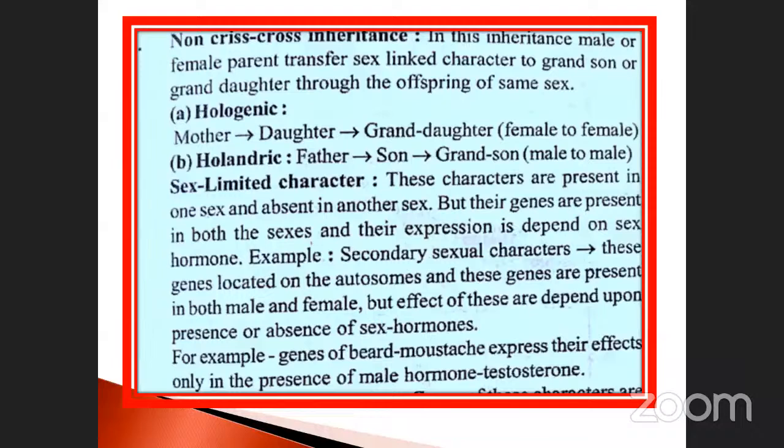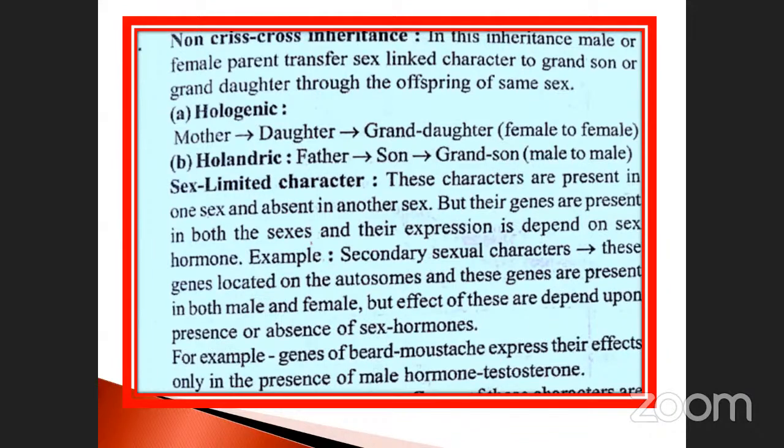These genes are located in autosomes and are present in both male and female. Take an example: male sex hormones, testosterone and androgen; female hormones, progesterone, oxytocin, prolactin. But the effect depends upon the presence or absence of sex hormones only.